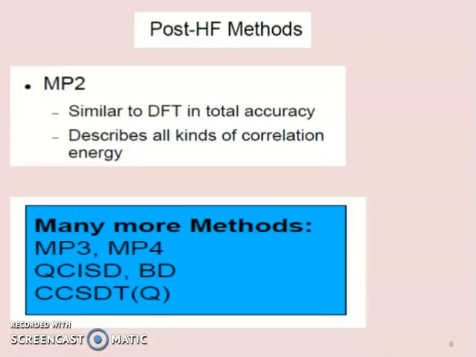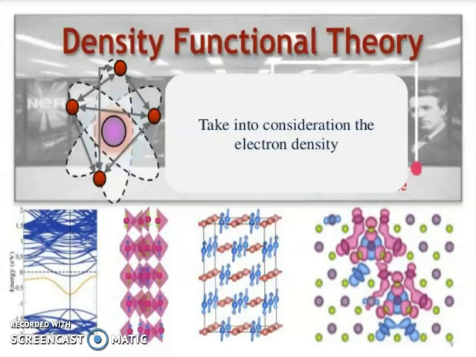So, post-HF methods. HF means Hartree-Fock method. MP2 is similar to DFT in total accuracy and describes all kinds of correlation scenarios. So many more methods: MP3, MP4, QCISD, BD, CCSD. These are methods like HF. So take into consideration the density functional theory.